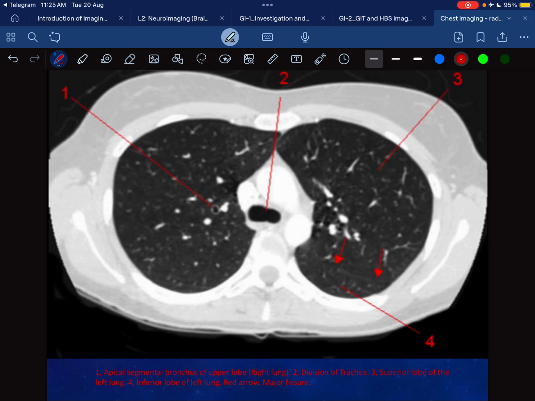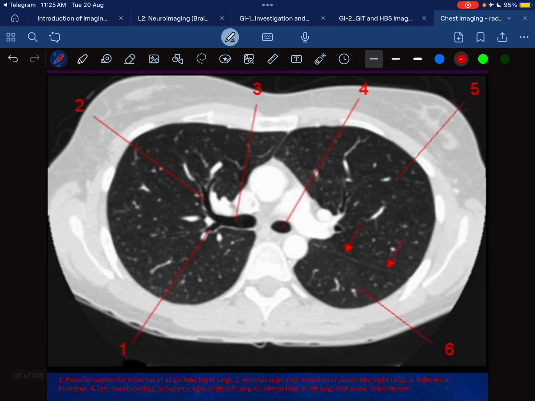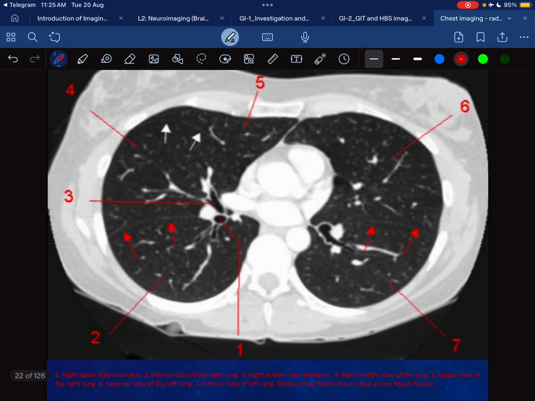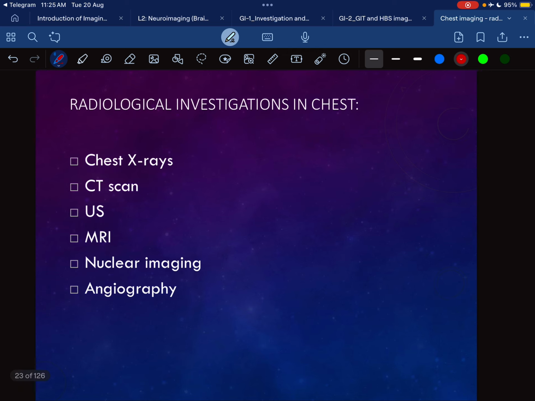When things divide for bronchi, you start to see the middle and lower, and when you go down, it's a lower lobe. So what's the indication, or what's the investigation that we use?